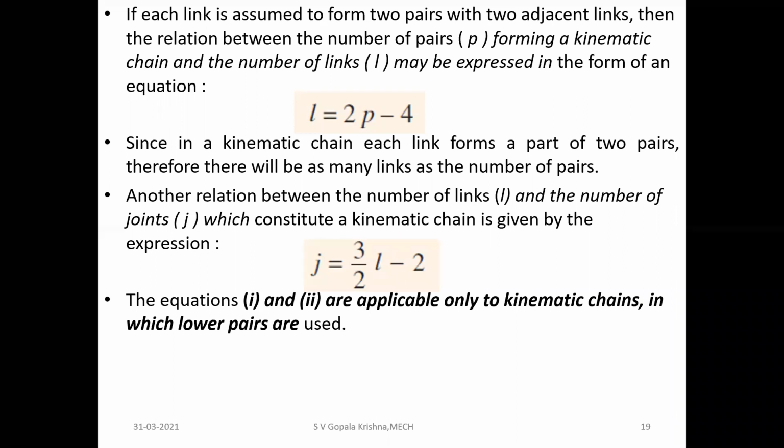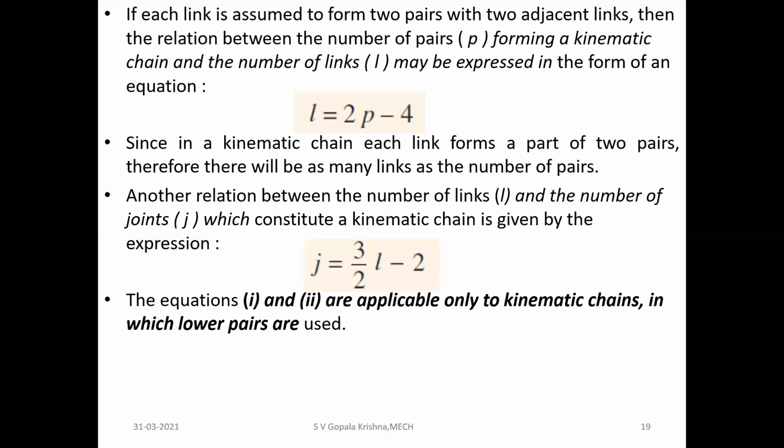If you observe polygons, they belong to kinematic chains, because the first and last ends are connected.